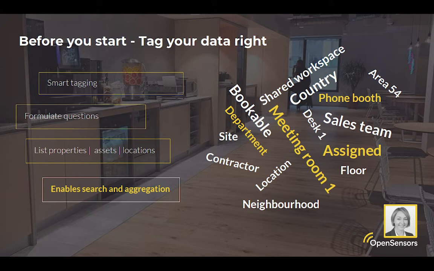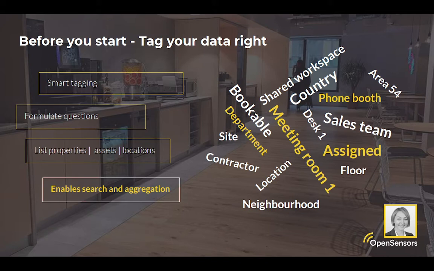So at the point of installing the sensors and setting up the analytical dashboard for our clients, we tag or label each sensor with the attributes that this particular space or asset has.